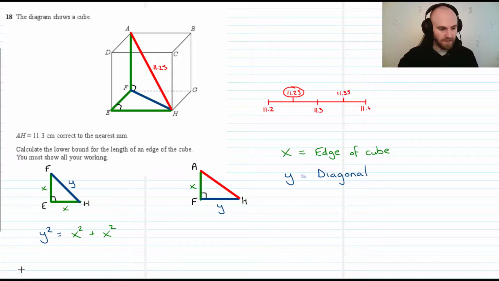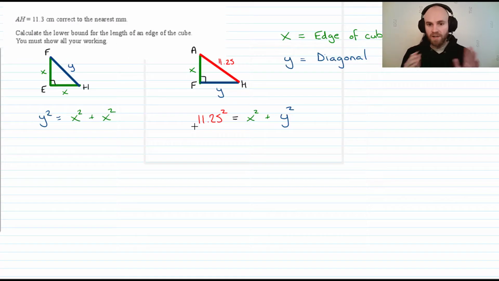With this one, if I put that 11.25 from the diagram onto here, because this is the long length, we can say that 11.25 squared equals x squared plus y squared. And again, you might be looking at this, well, okay, what next?